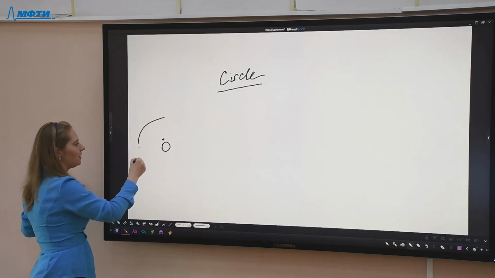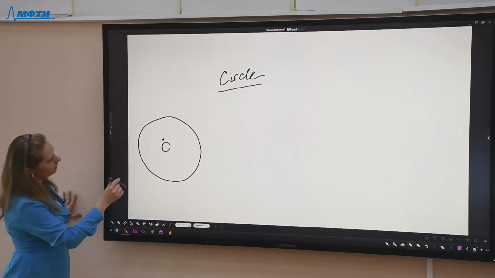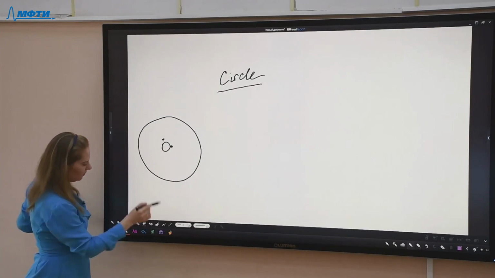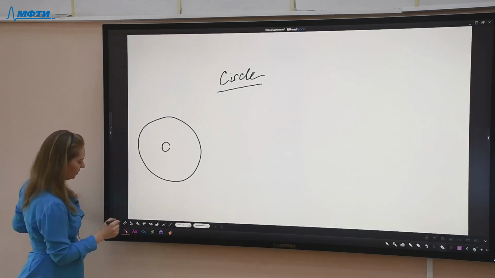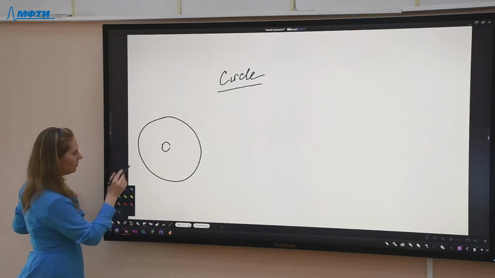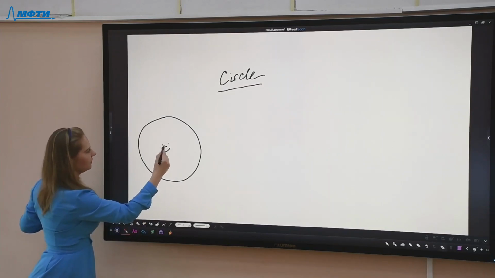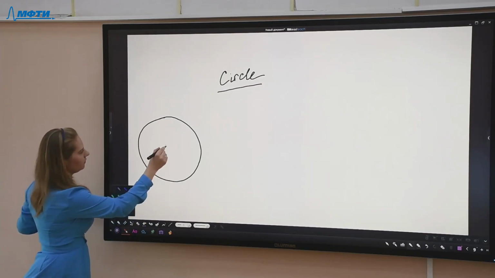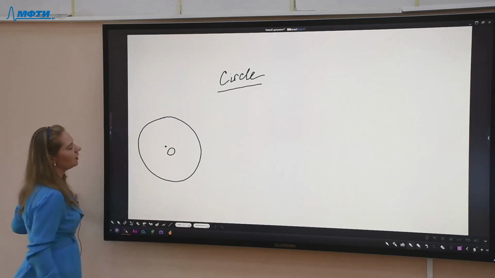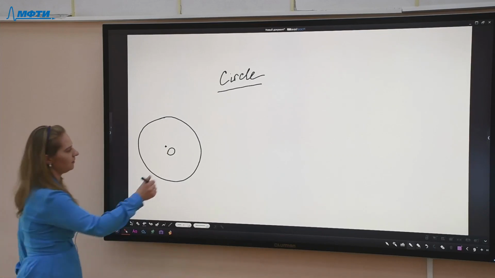And this is a circle. This point O is called the center of a circle.